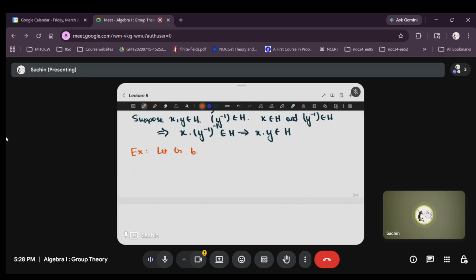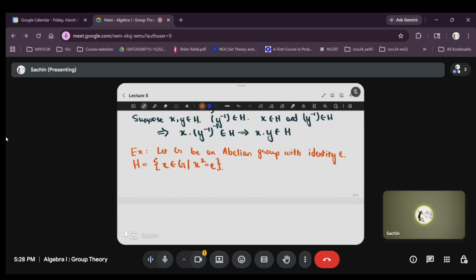For example, let G be an abelian group with identity element called E. I form the set H, a subset of G, as the set of all elements in G such that their square is the identity element.